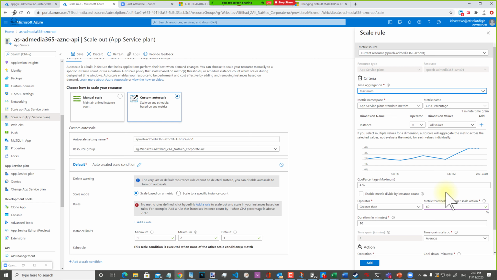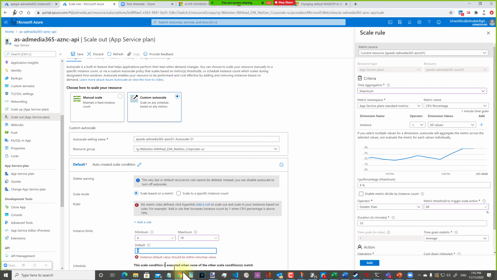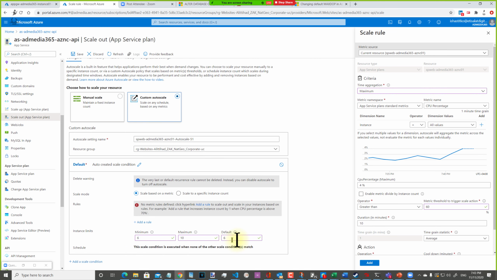Because we have, for example, 4, 5, 6 instances at the beginning, as a minimum, we can set 6. Maximum, we can set 12. It's not possible, it's 10. And default, for example, 6. What does default mean?